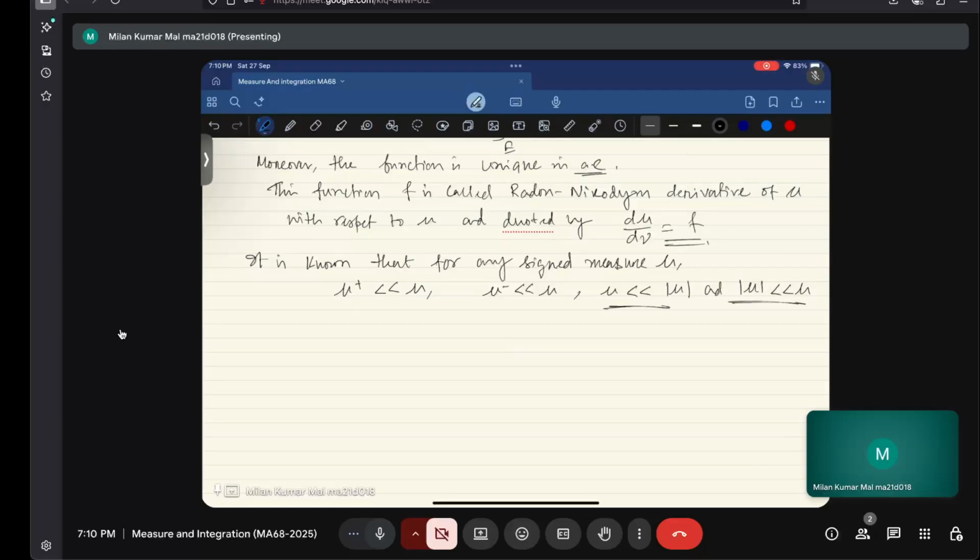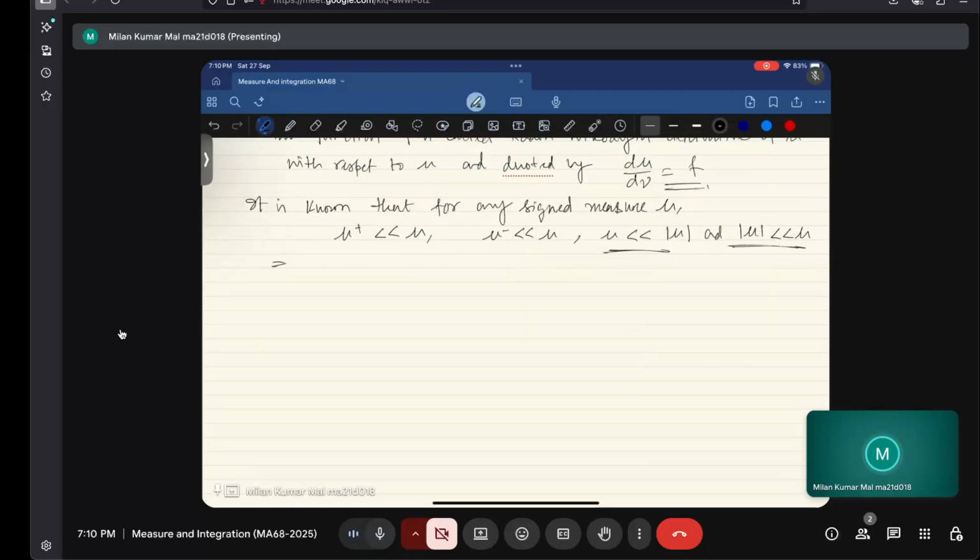But note that the Radon-Nikodym derivative need not always exist, that is, the integrable function need not exist, unless you have a positive, finite measure. Here note that absolute continuity is something like a transitive property.